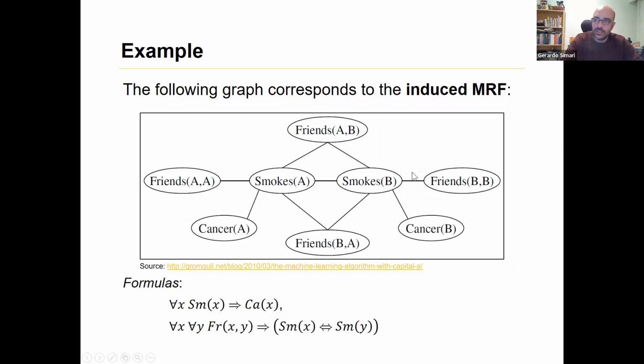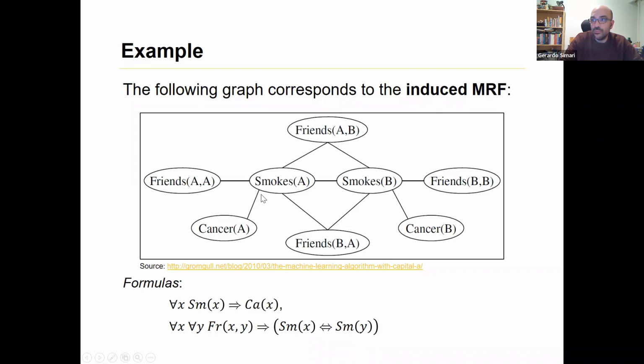But it's just a direct grounding of the friends, smokes and cancer predicates with constants A and B. So we don't even assume that friends A,B is the same as friends B,A. So as you can see, smoking leads to cancer. If I have smoking and cancer, these two are joined here.